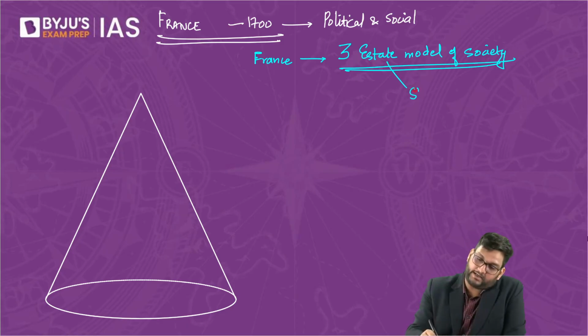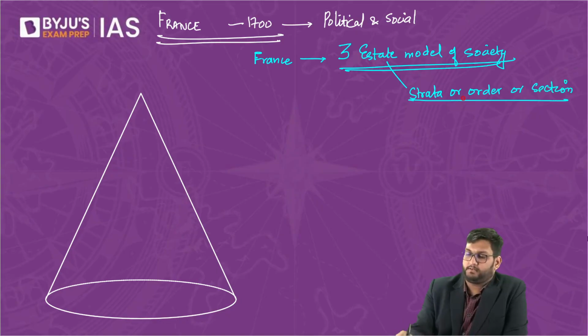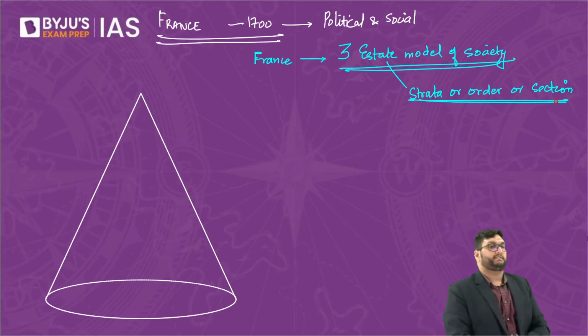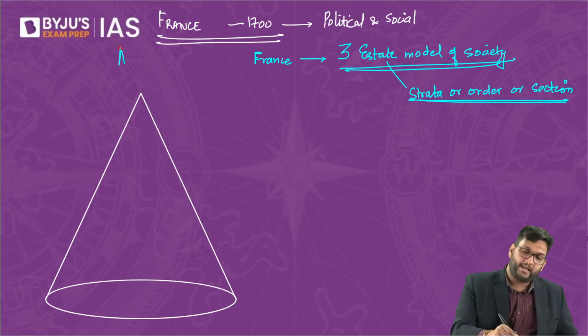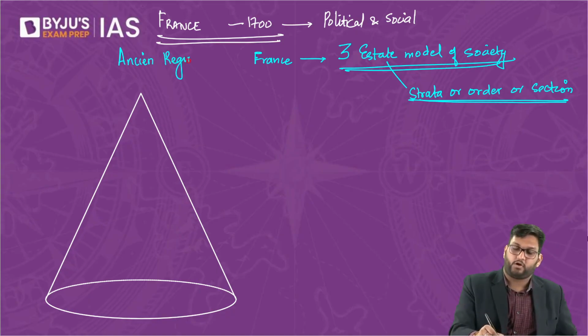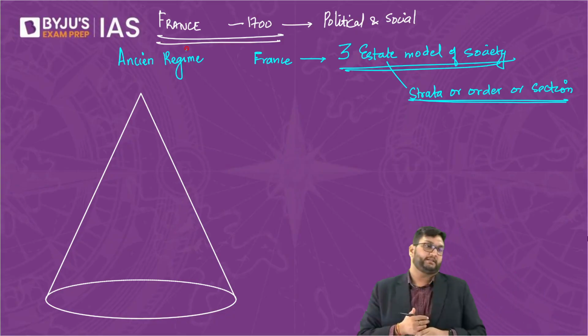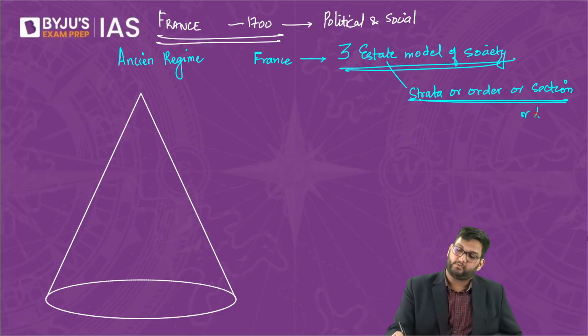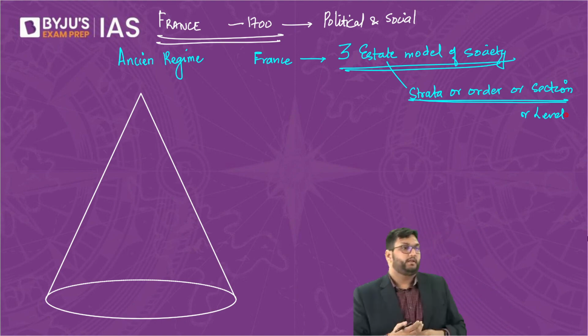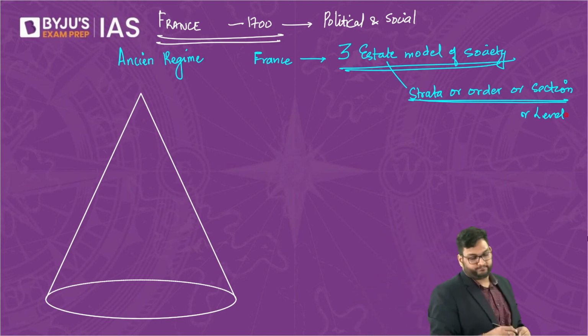You want to write strata or order or section. A 3-strata based society, and this is called the ancient regime. This is not the wrong spelling of ancient, it's the French spelling of ancient. So it's called the ancient regime.